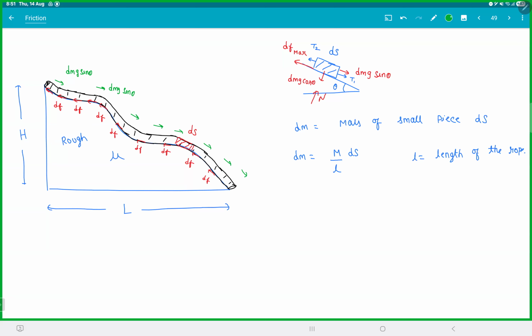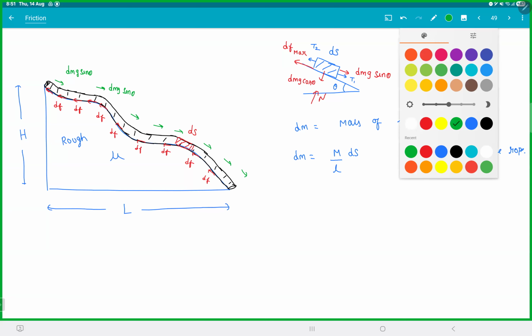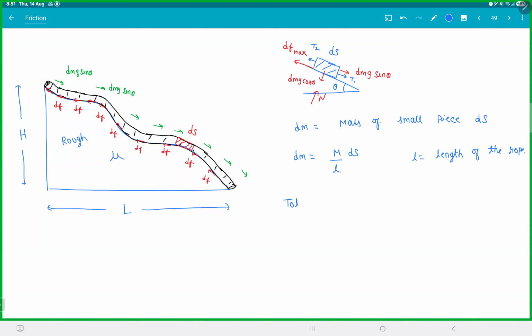Making sense? So can I say like this? The total friction force must be equal to the total tangential forces, along the string basically. Total tangential forces along the rope.